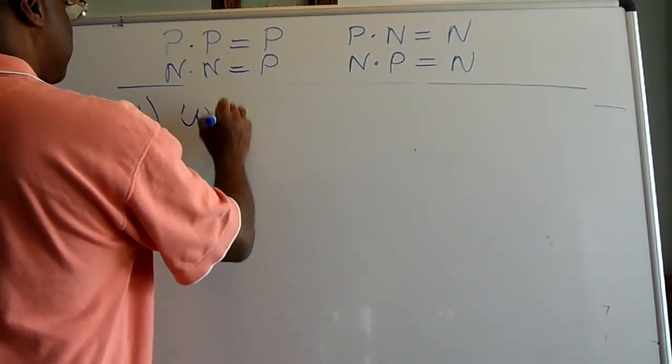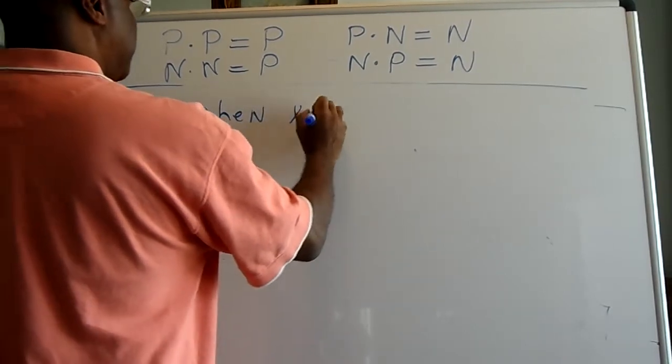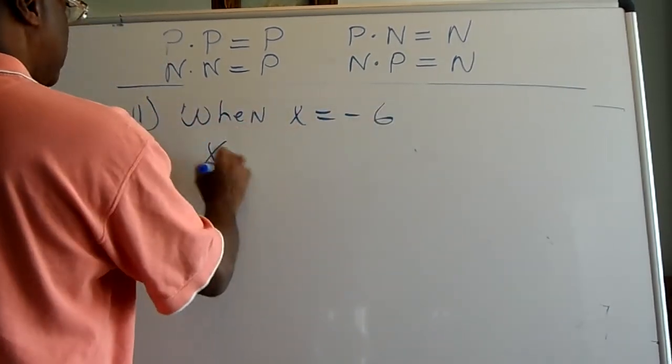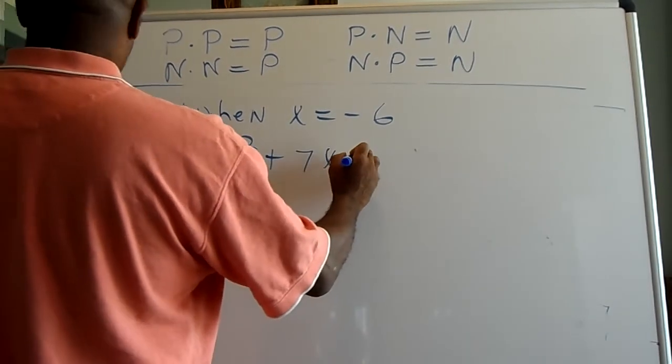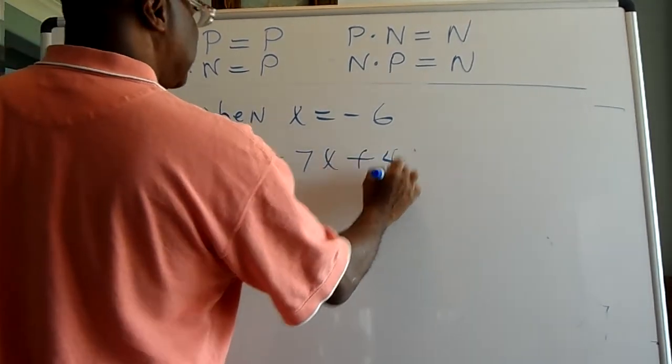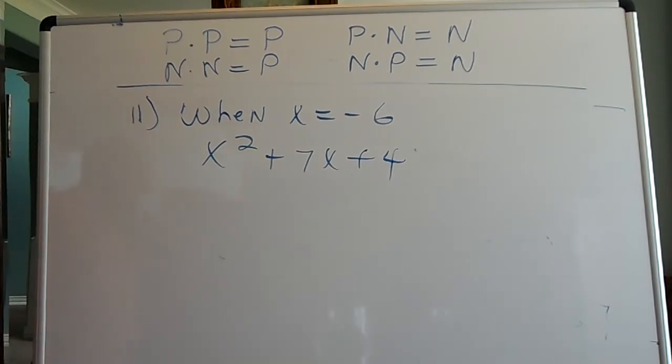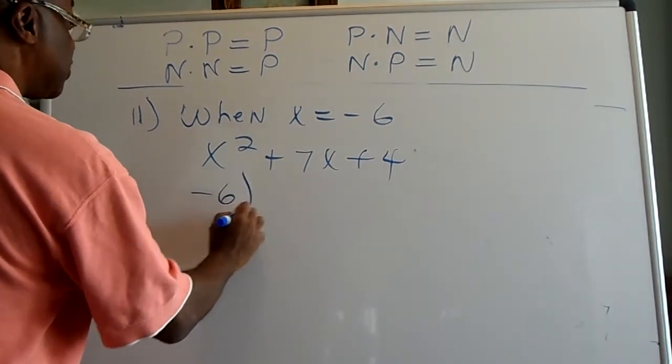Okay, it says when x equals negative 6, what is x squared plus 7x plus 4 going to be? What that means is, when I put negative 6 where I have that x and do all the things it says to do, what number am I going to get?